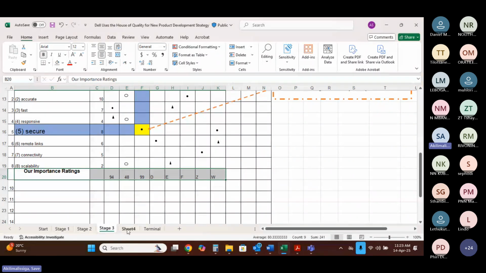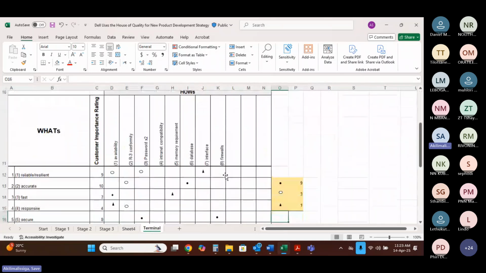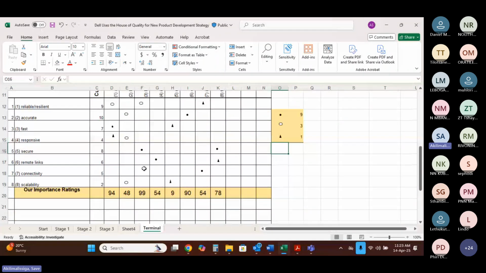Once you do that, you'll be able to come up with this house of quality. This is how your house of quality will look, and these values will also be reflected in your importance ratings. This is what you will get at the end.